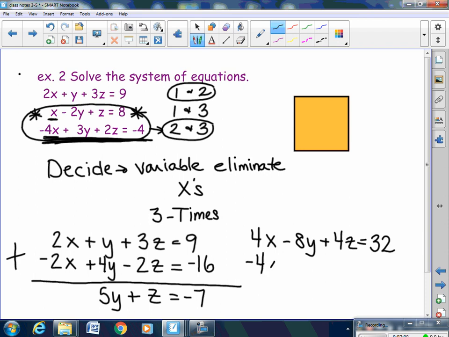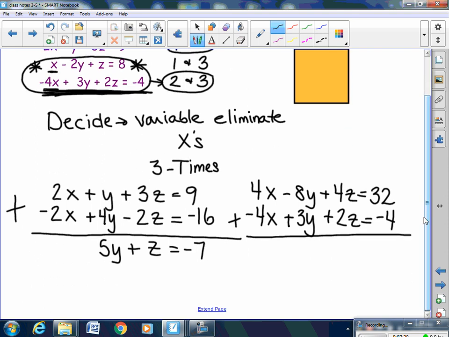Negative 4x plus 3y plus 2z equals negative 4. I'm going to draw a line underneath it, and I'm going to add these. And if I did it right, my x's should cancel out, and they do. The x's cancel out. I'm left with negative 5y plus 6z equals 28.